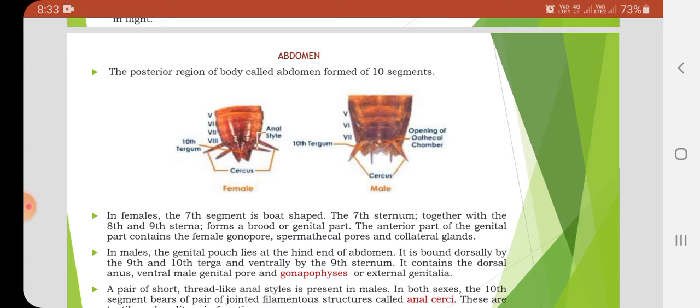In males, the genital pouch lies at the hind end of the abdomen. It is bound dorsally by the ninth and 10th terga and ventrally by the ninth sternum. It contains the dorsal anus and ventral male genital pores, called the gonapophyses or external genitalia.